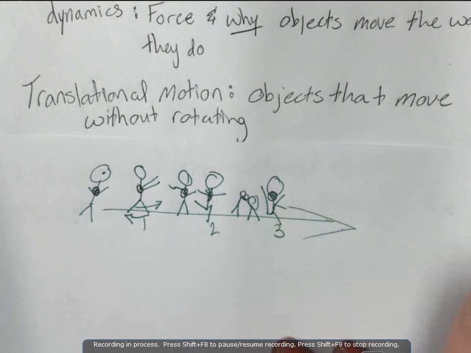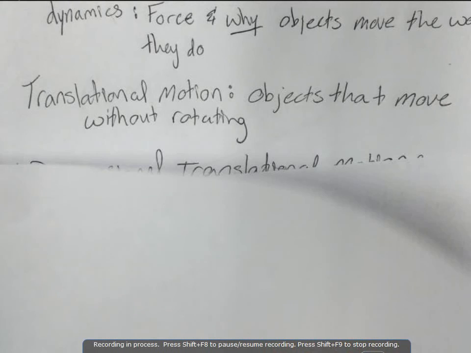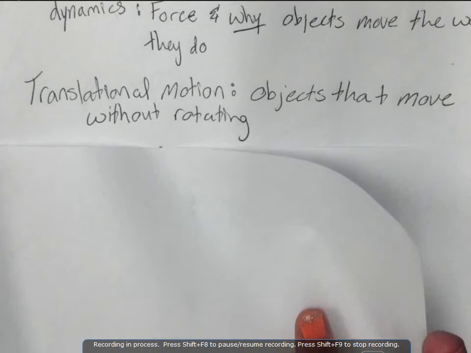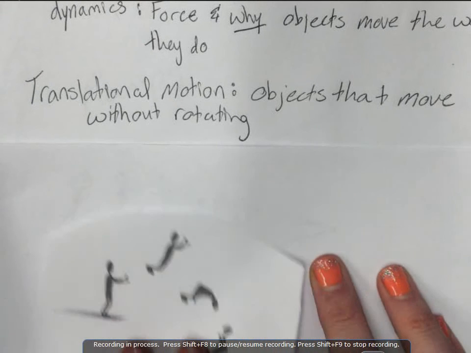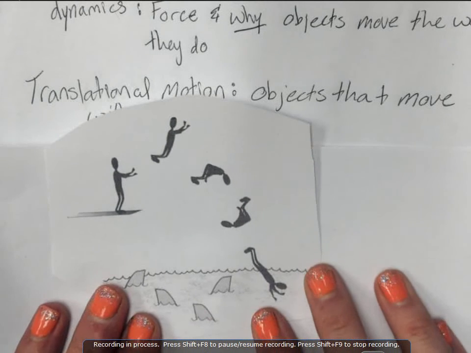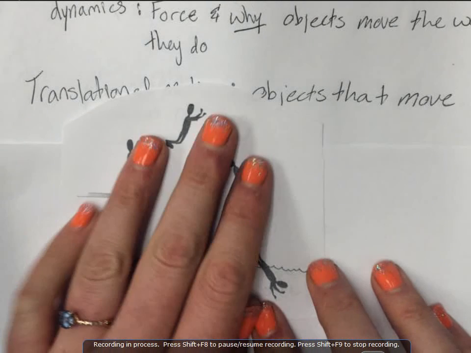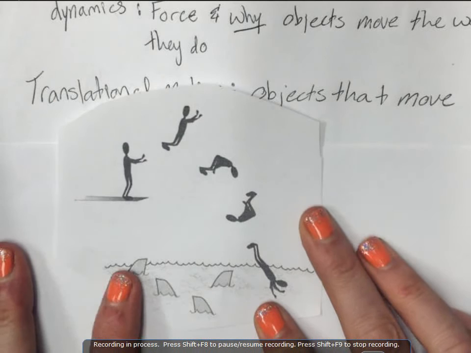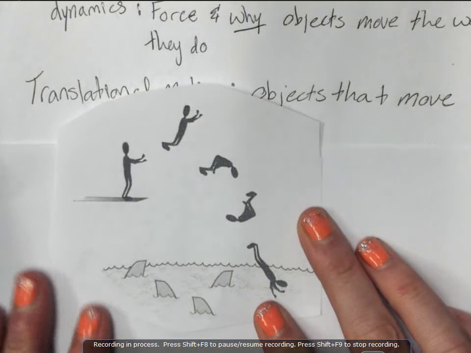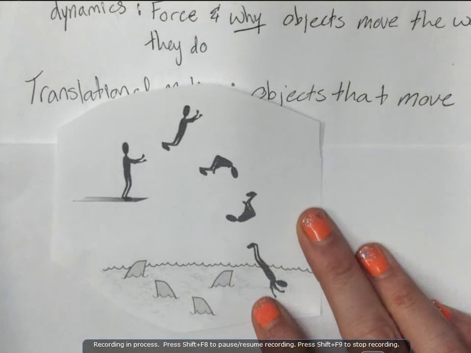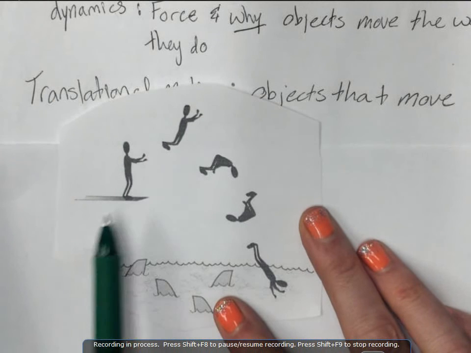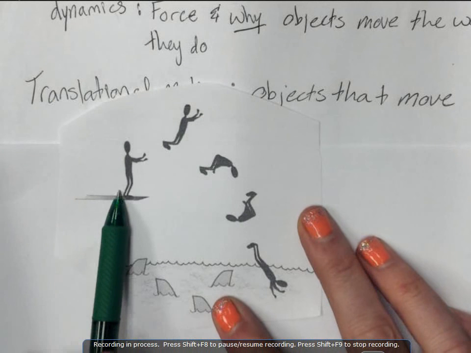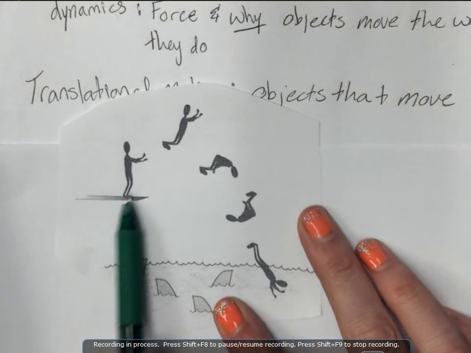Another way to look at this is to consider, if you will, a diver. This diver is moving with rotation. If we consider what they're doing, take a look at their arms and their legs. Their legs have to bend in order to launch themselves off of the diving board, right?